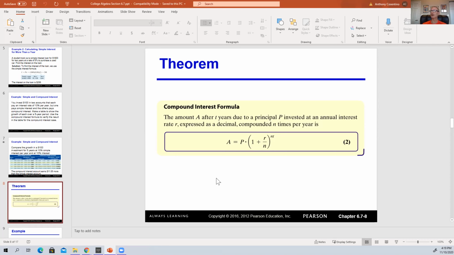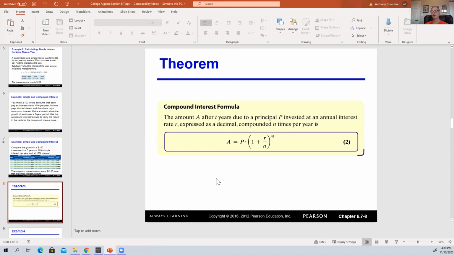And so A would be the amount of money you have after T years, and P is our principal. And then R will be our interest rate, N is compounding, the number of times you compound per year. And T again is years.